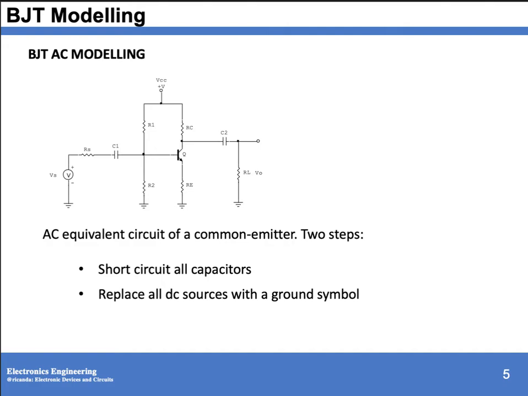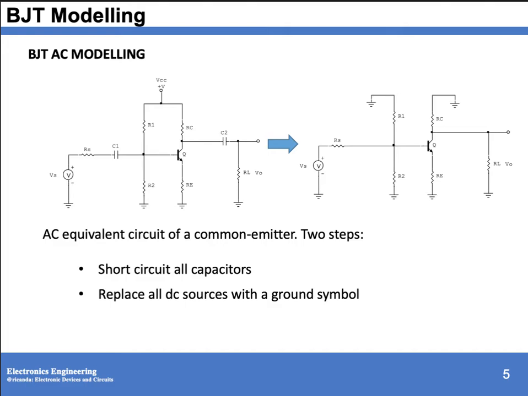The basis of the first is easy to understand, since the capacitor acts as a short circuit to the AC signal, and the second step is based on the fact that DC sources have extremely low AC resistance values. So the internal resistance of a DC source is ideally 0.